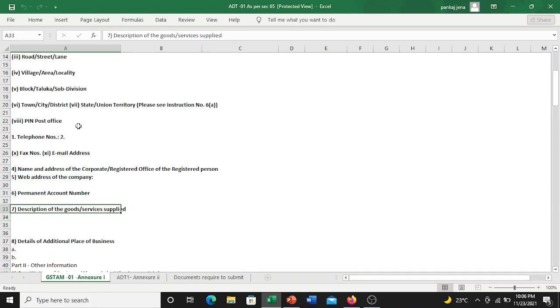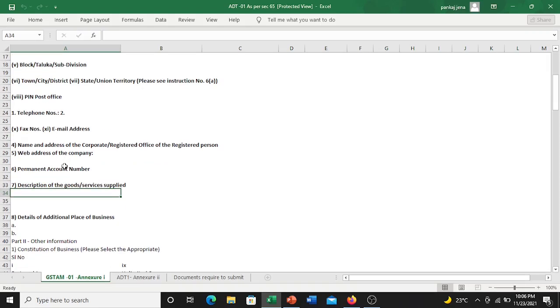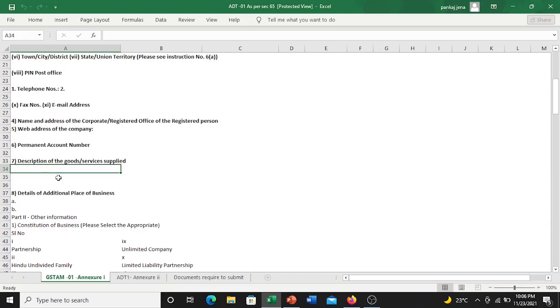Your PAN will be required, and the description of the goods or services supplied. That means with the HSN number you have to provide the description as well. Suppose you have 10 HSN numbers under which you are providing supply, then you have to mention all 10 HSN numbers with the description of those goods or services.